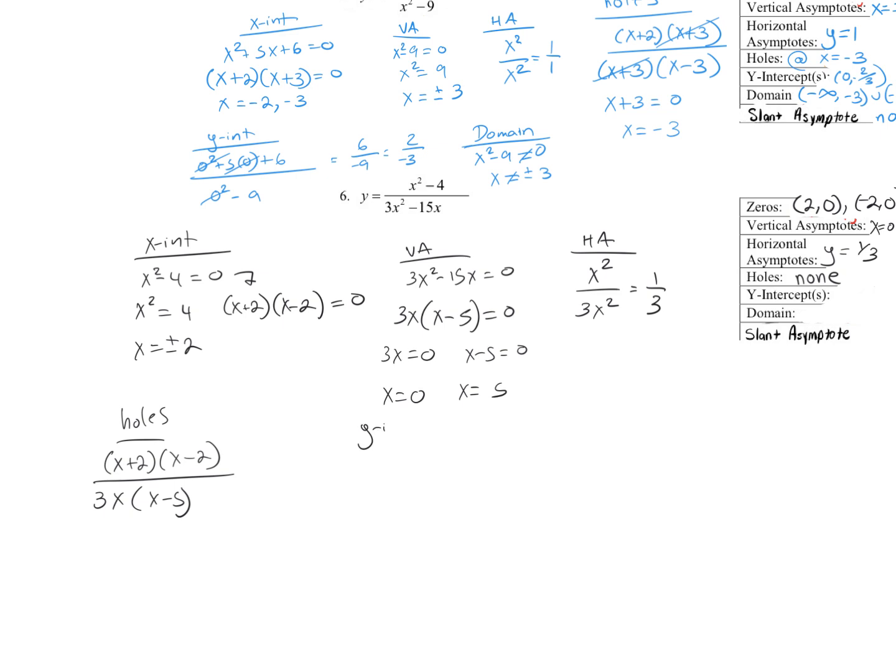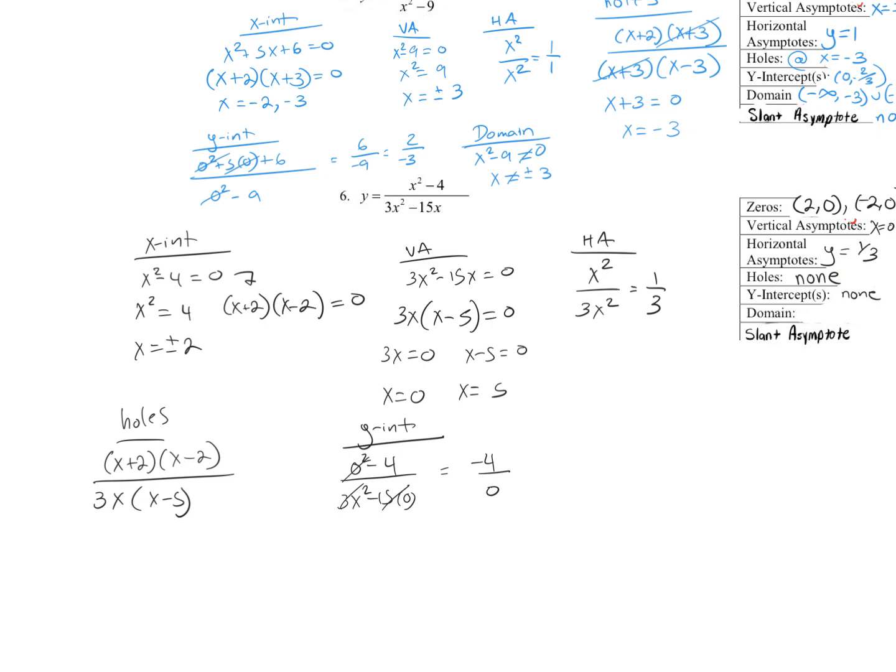Let's look for the y-intercept. The y-intercept is plugging in 0 for any x. Now all the zeros cancel and you're left with negative 4 over 0. Now having a 0 in the denominator is not possible, so that means you have no y-intercepts.